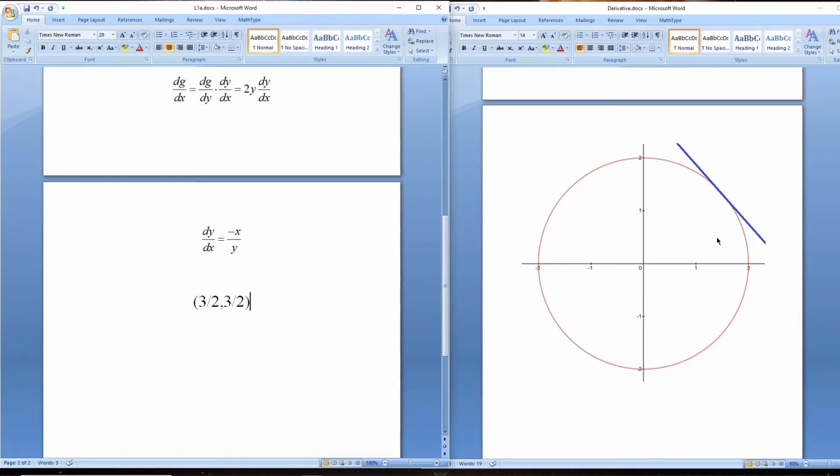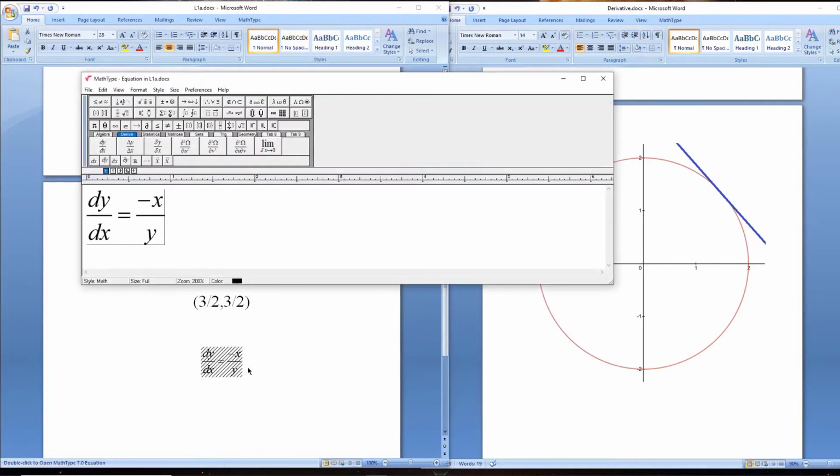So if we want to know the derivative at this point, well, then we'd have to plug that stuff in. So I'm saying x is minus 3 over 2. And then I'd be saying y is also 3 over 2. And so then the derivative at this point is minus 1.